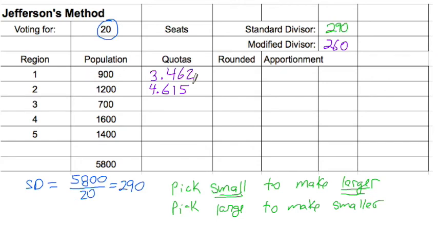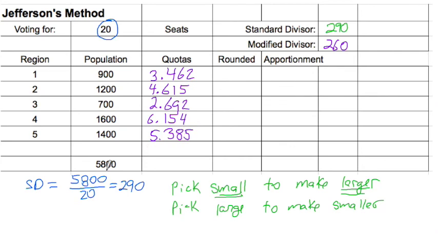And then 700 divided by 260 is 2.692. 1600 divided by 260 is 6.154. And 1400 divided by 260 is 5.385.